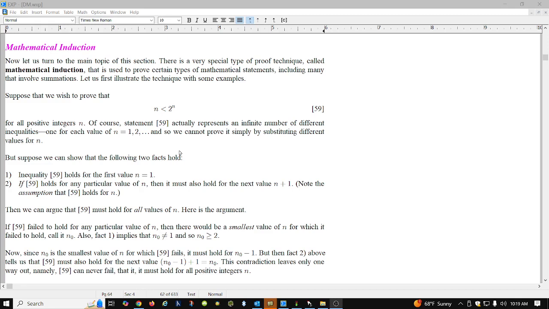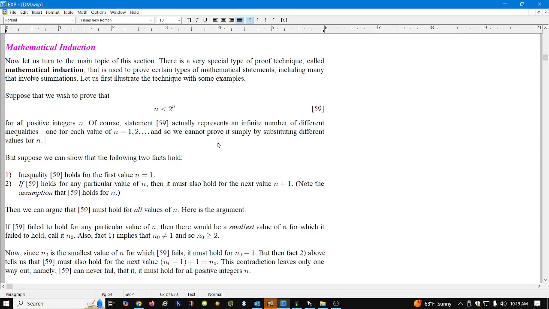Let me give you a simple example to start with. Suppose we want to prove that for all positive integers, n is less than 2 to the n. Now, this is a statement that actually represents an infinite number of different inequalities, one for each value of n.